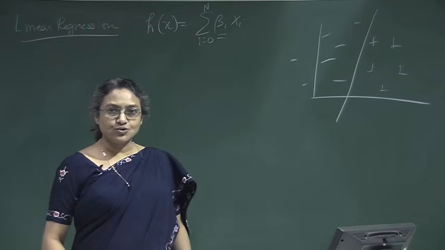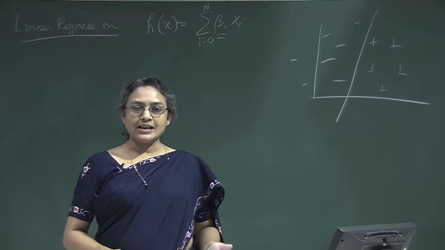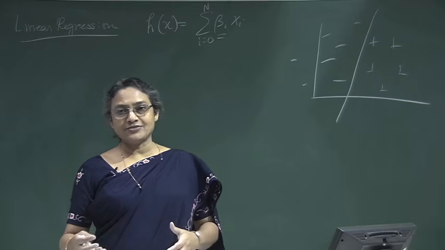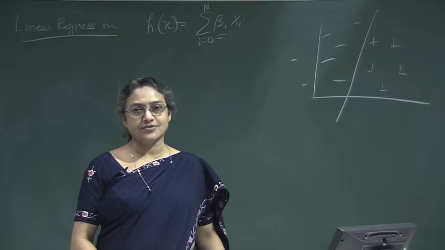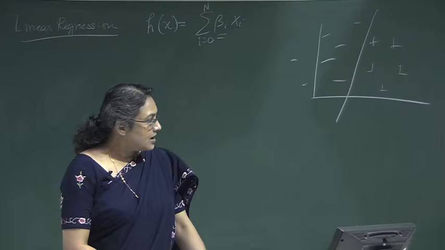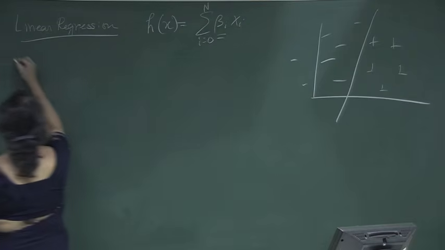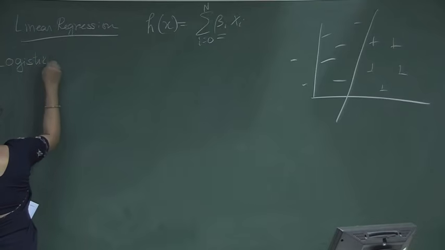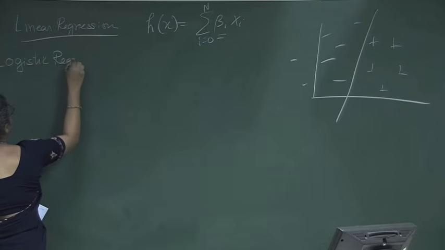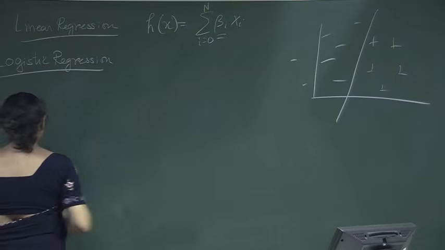But what we can do is apply another function on this linear function so that we can use the result for classification. One of the ways we can do it is logistic regression, where we use the logistic function, or the sigmoid function, for this task.